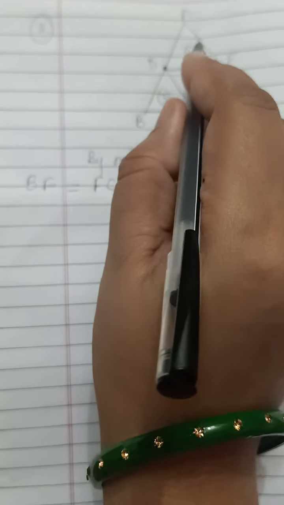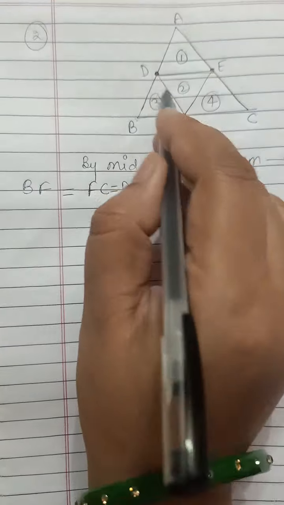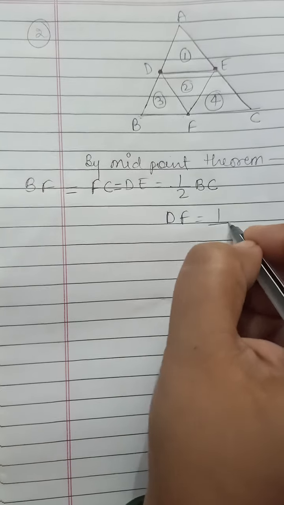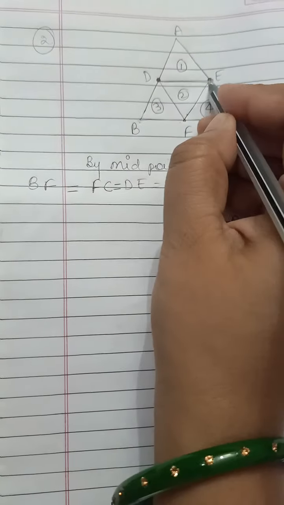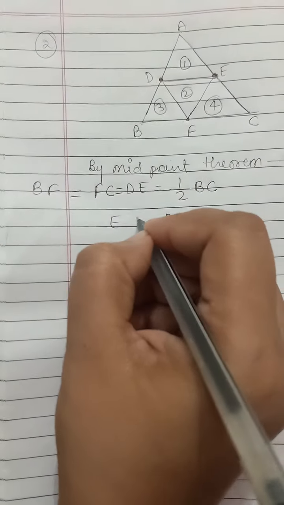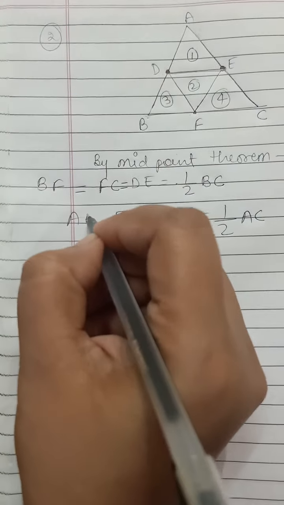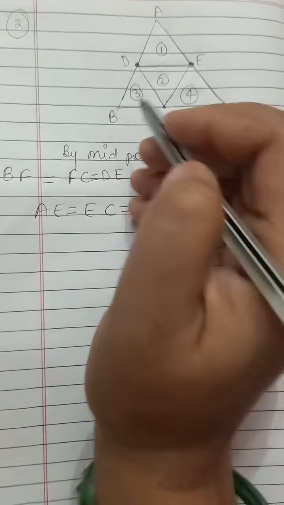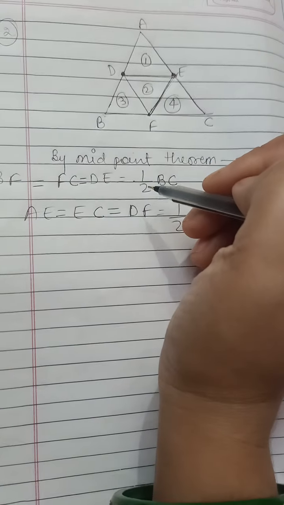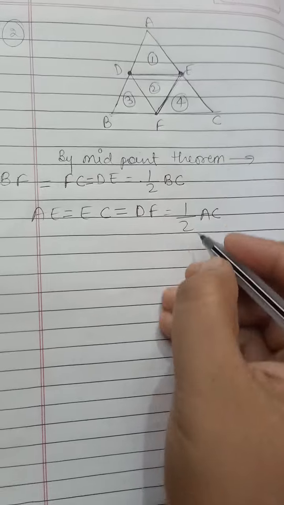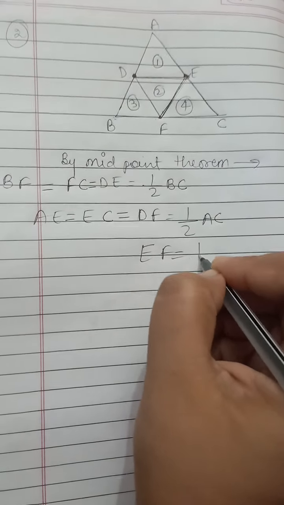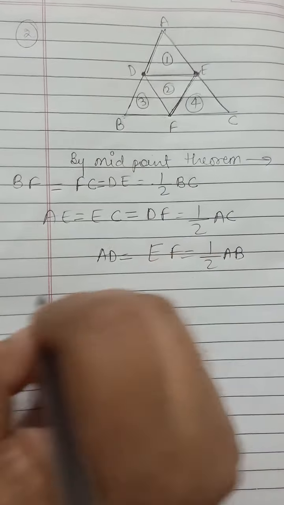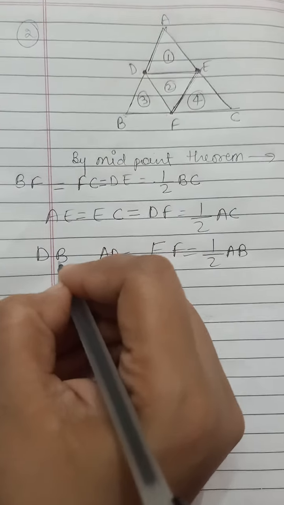When we see AC as a base, D and F are the midpoints, so DF is half of AC. E is the midpoint, so EC is also half of AC and AE is also half of AC. When we see AB as a base, then EF is half of AB, AD is also half of AB, DB is also half of AB.